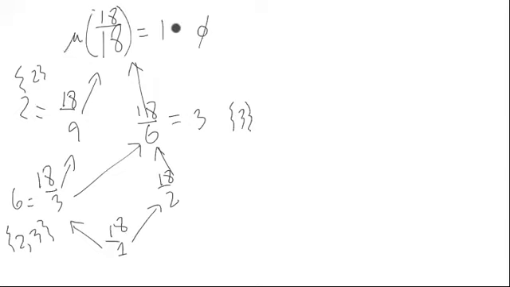I take the Mobius, I get a contribution of plus 1. And that's what this says. It says plus 1 contribution. 18 over 9, what's the contribution? Right here, take the Mobius function of 2, you get a -1 contribution. Similarly here, a -1 contribution. This guy over here with 2 prime factors, you get a +1 contribution.